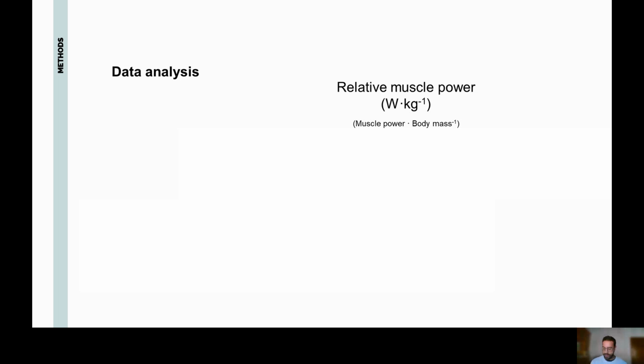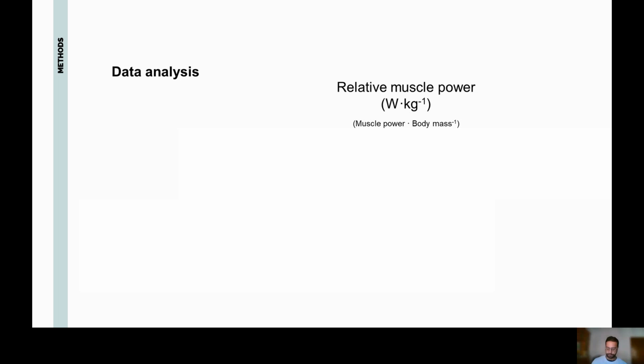For the data analysis, muscle power was divided into different items, because we wanted to analyze the different components of muscle power. In the first level we have the relative muscle power to body mass, which is absolute muscle power divided by the body mass. On the next level we have the allometric muscle power, which is this relative muscle power divided by BMI, so it's corrected for height and BMI.